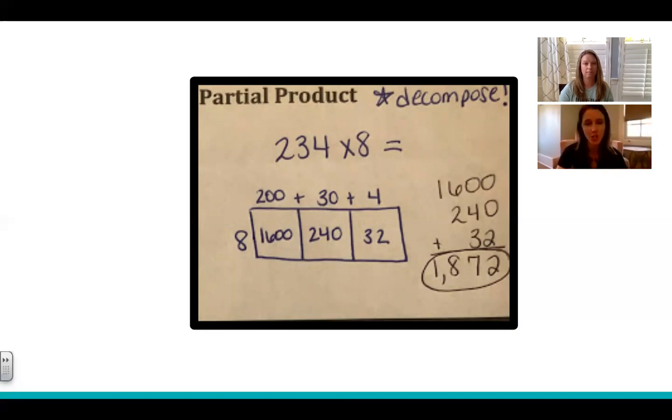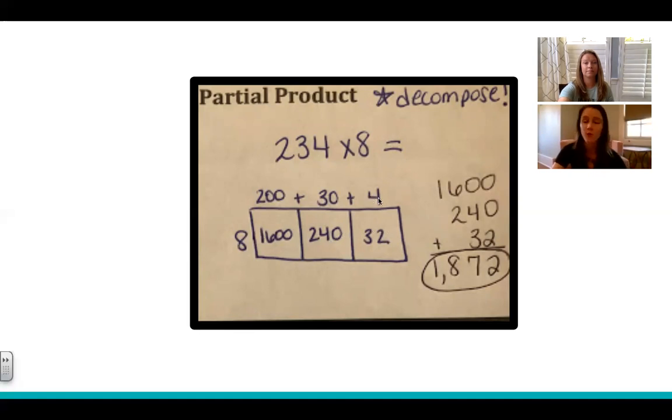So 200 times 8: whatever is sitting on the top of the box, and on this side are the 2 numbers you're putting together to multiply. So 8 times 2, that 0 trick comes into play again. 16, add your 2 zeros, and then you move over. 30 times 8, so 8 times 3 is 24. There's 1 zero, add that 0 in, 240.